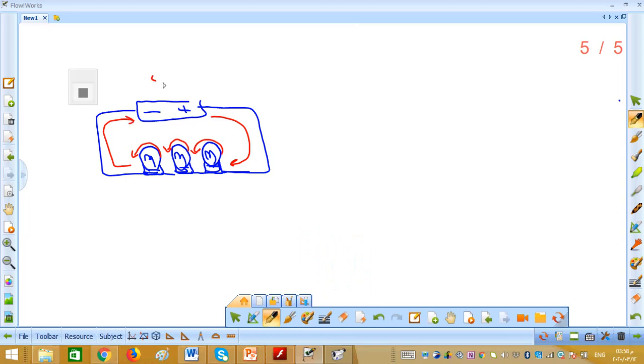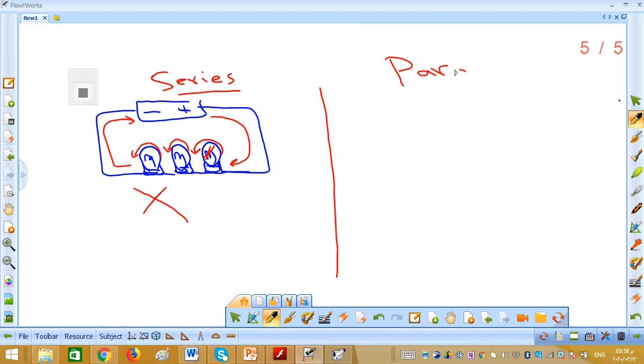So this is what we call series. If one burns out means here cut. So we have open circuit, and we know with open circuit no light, and we have only one path, so electric charges cannot flow.